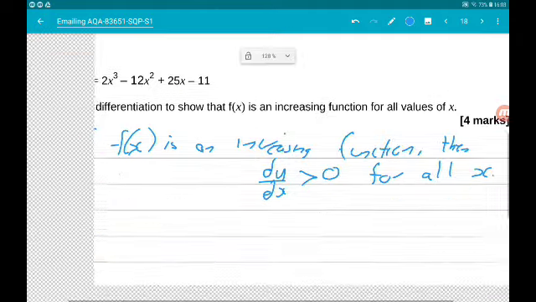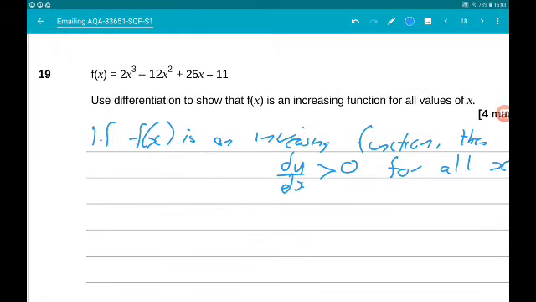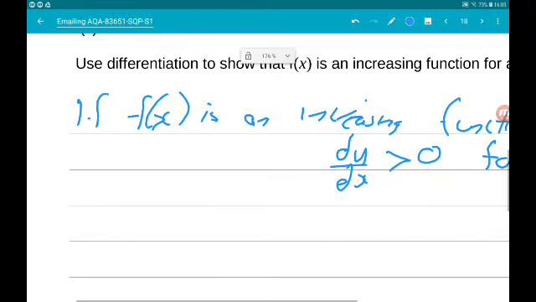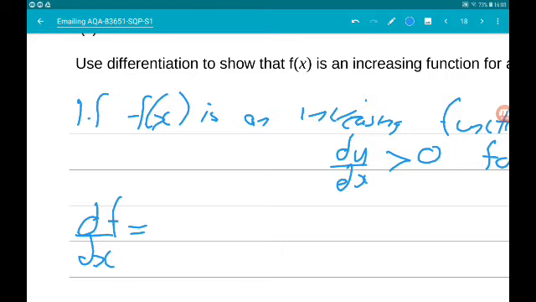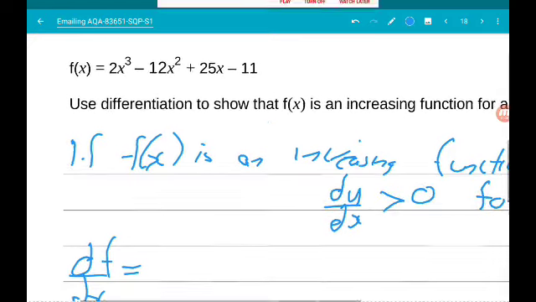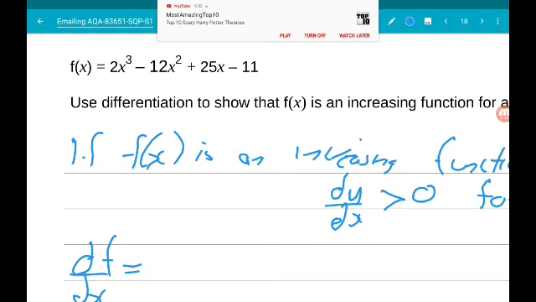So let's find dy by dx or df by dx. So df by dx. So 2x cubed differentiates to 6x squared.